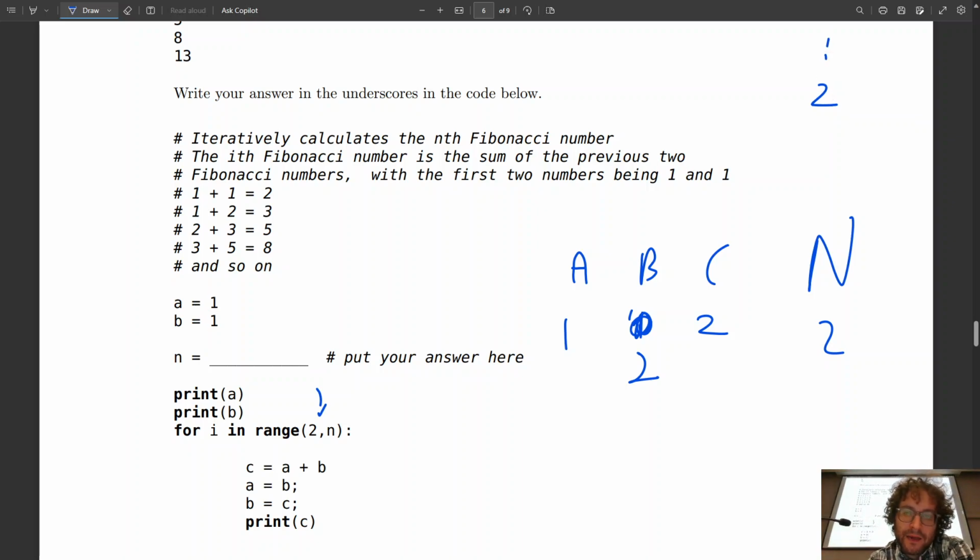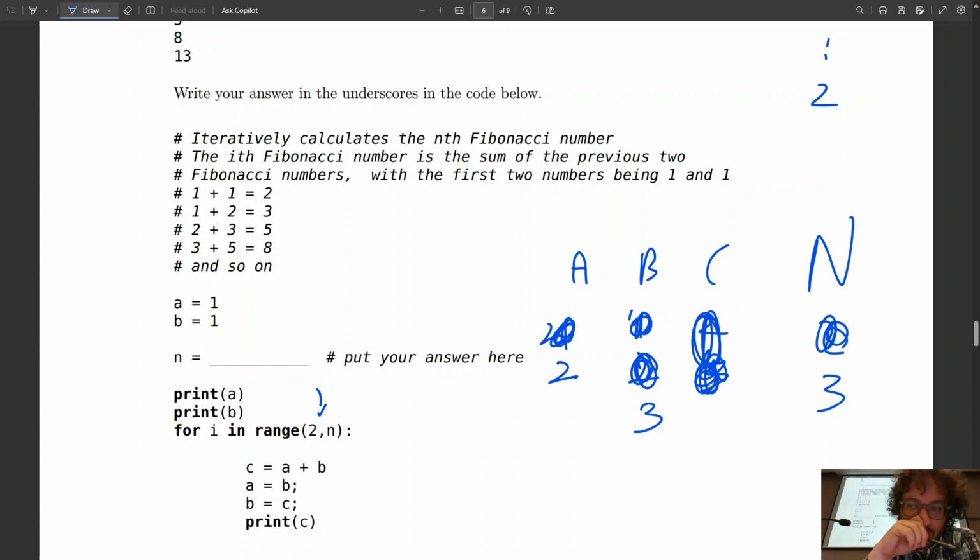Okay, now we've finished that part of the loop, so N is equal to 3. C is equal to A plus B, so C is equal to 3. A is equal to B, so we store 2 in A. B is equal to C, we store this over here. We don't need these anymore and we print C. So up to 4 now.